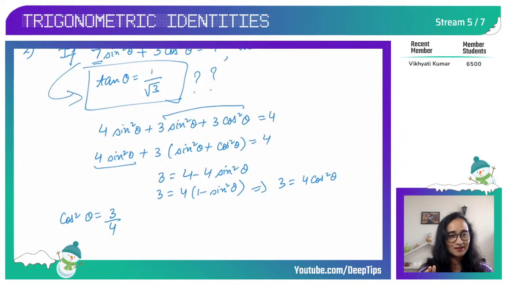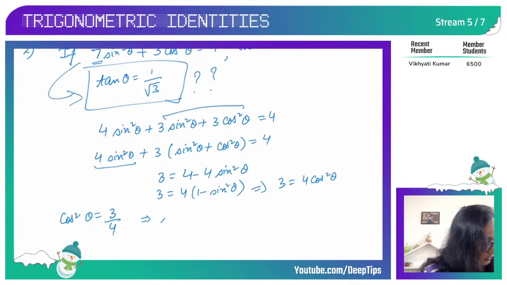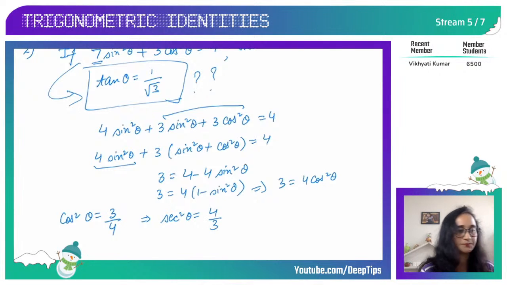But we did one trigonometric identity in the beginning, 1 plus tan square theta equals secant square theta. And I know that the reciprocal of cos square theta gives me secant square theta, right? So if I take the reciprocal, I can write secant square theta equals 4 by 3.